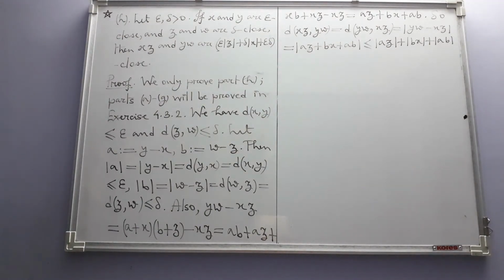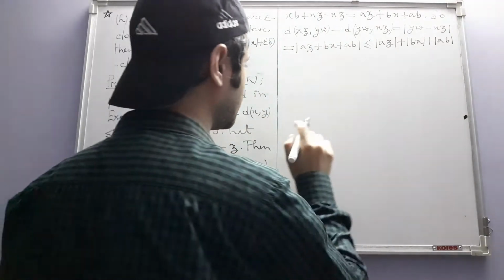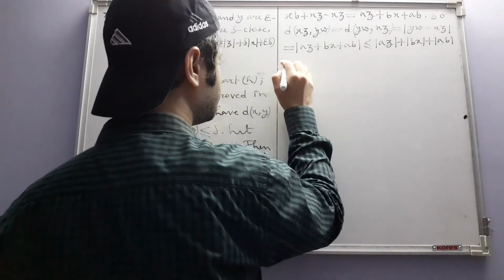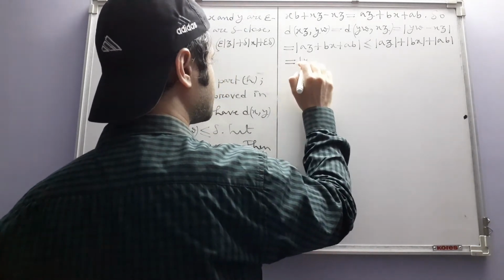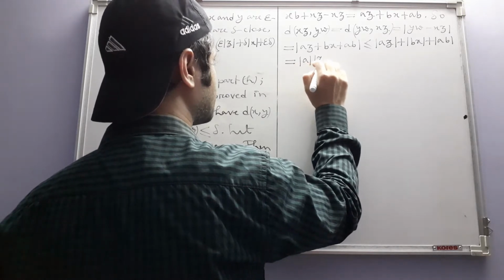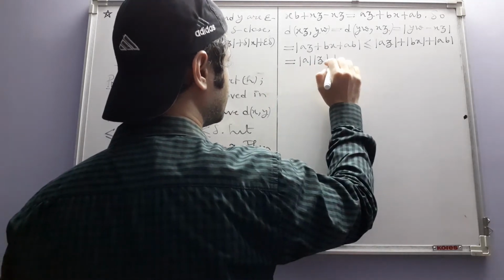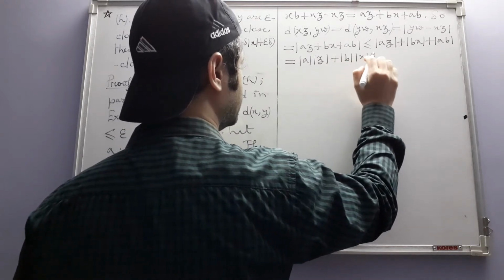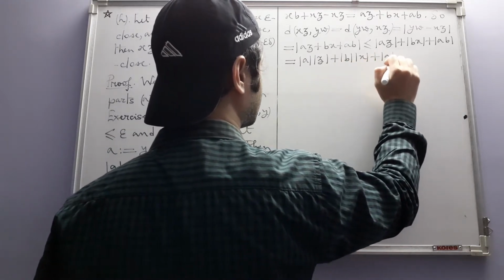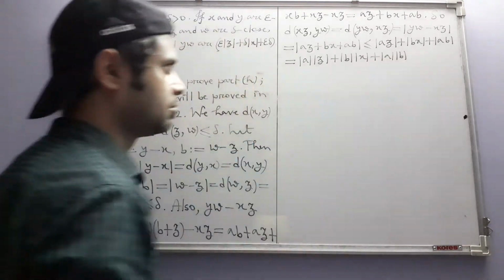So we are using that part here. Now next, this expression becomes equal to the absolute value of a times the absolute value of z, plus this, plus this.